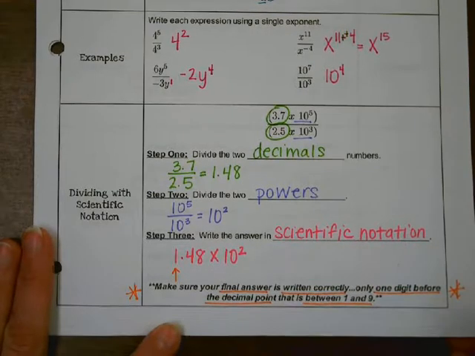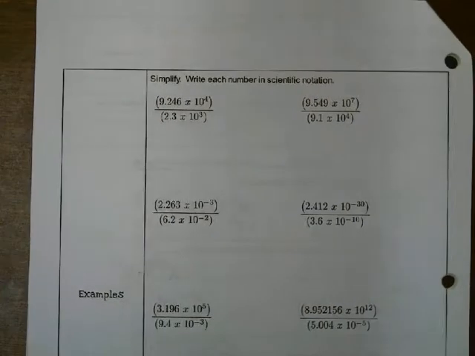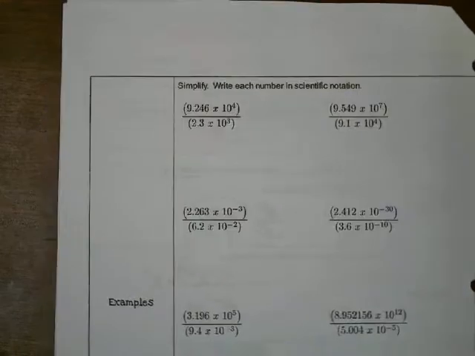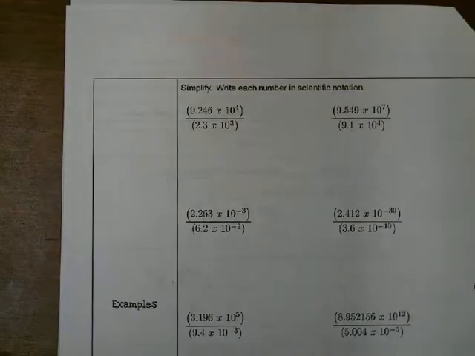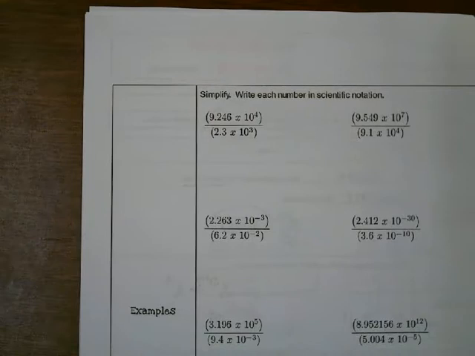All right, so let's go ahead and flip on to the back and work on some examples. All right, so my very first example says 9.246 times 10 to the 4th divided by 2.3 times 10 to the 3rd.